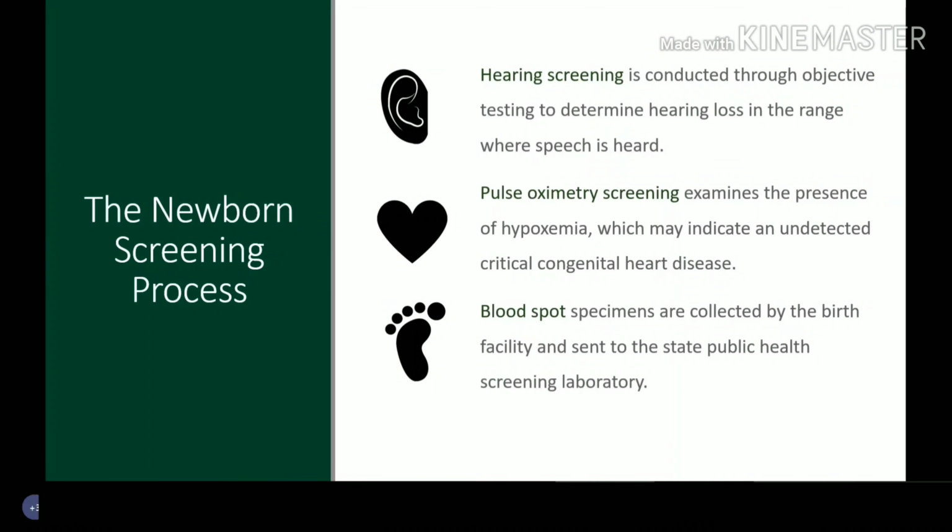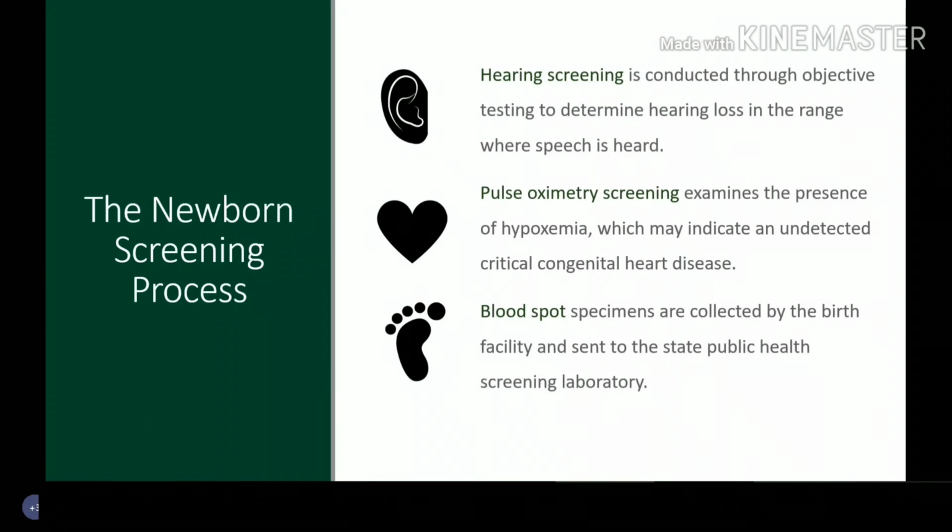For this test, oxygen saturation measurements are taken after 24 hours of age in both the right hand, which we consider the preductal measurement, as well as either foot, what we consider the post-ductal measurements. Around 1 in 500 newborns is born with a critical congenital heart disease, with up to 25% of these infants being missed if relying solely on clinical symptoms or prenatal sonograms.